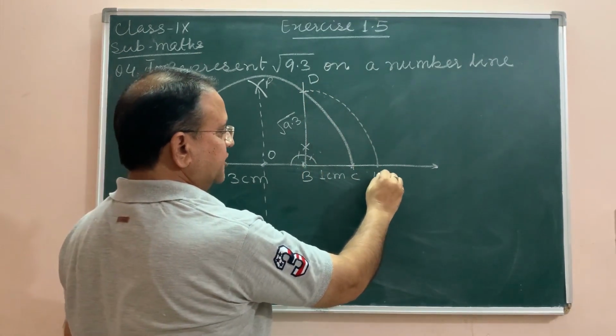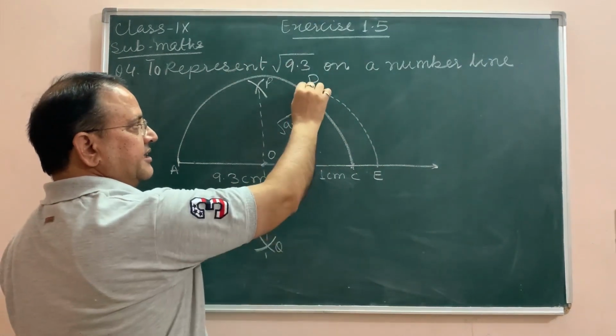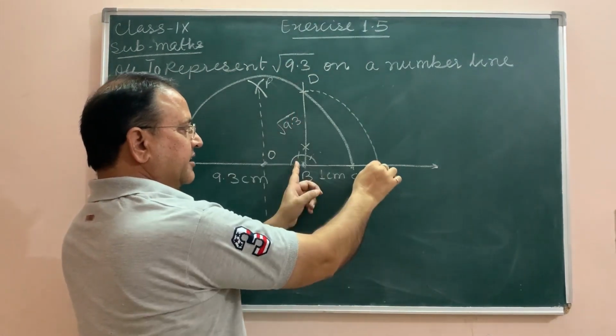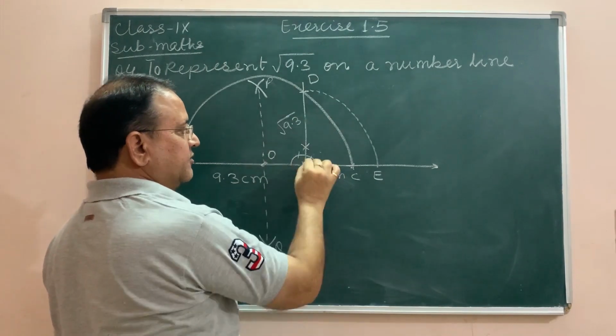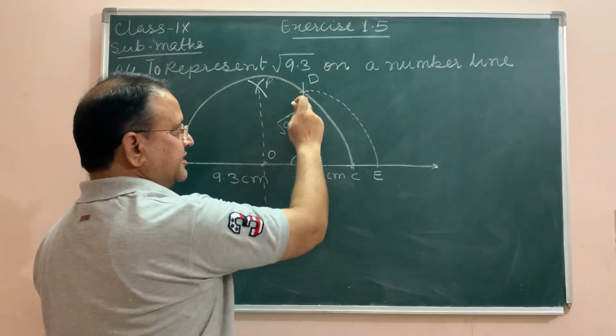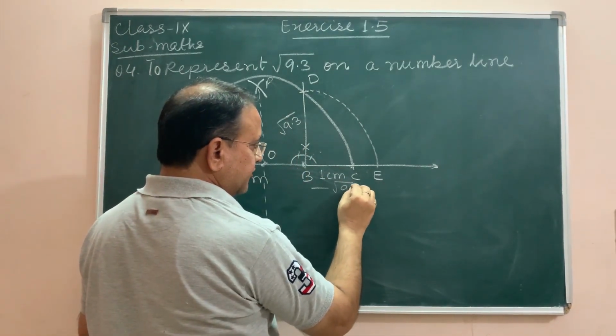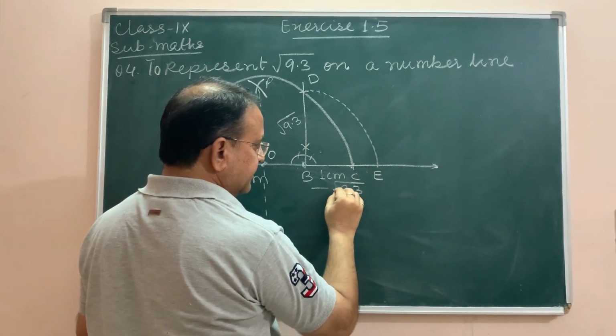Name this point as E. Now length of BD is equal to length of BE, both are of same radius. So if BD is square root 9.3, length of BE will also be square root 9.3.